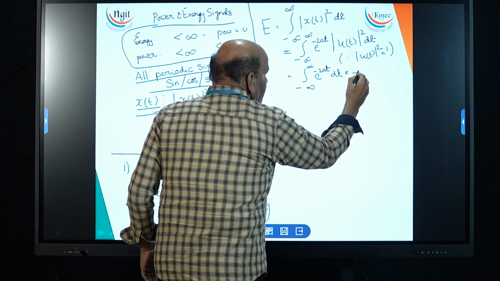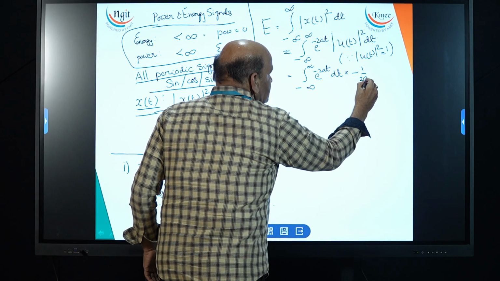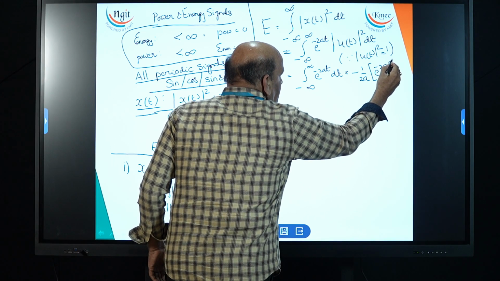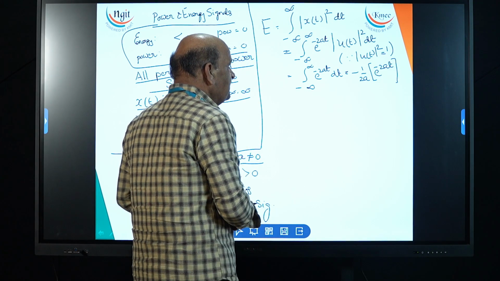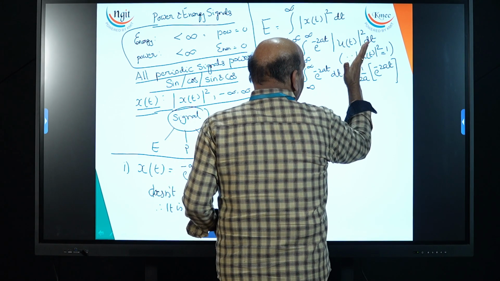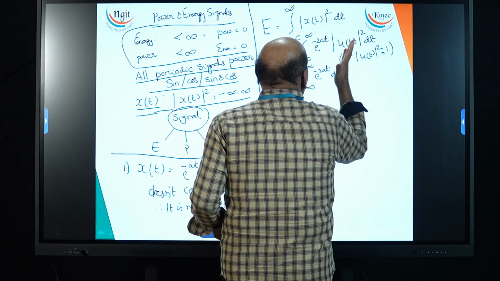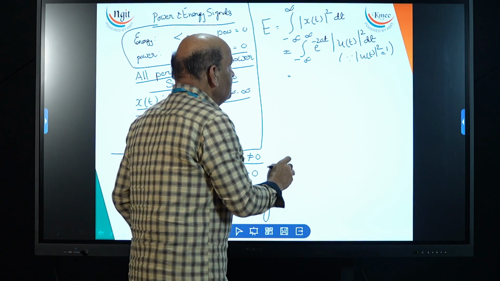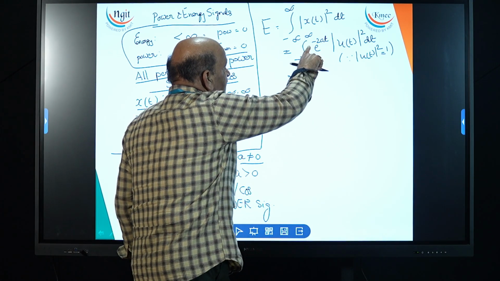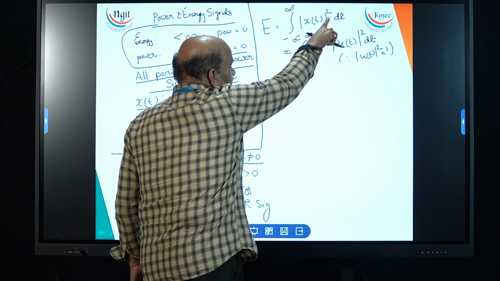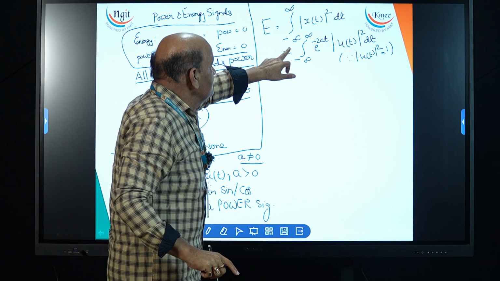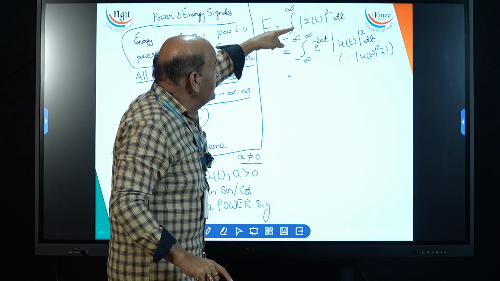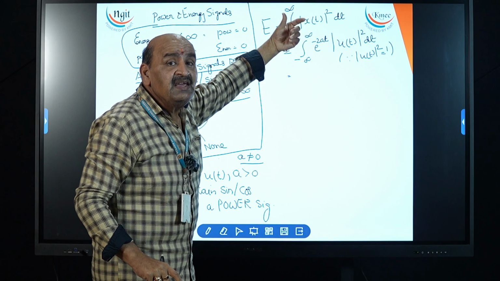Now integrating this, what do you get? Minus 1 by 2a into e power minus 2at. Otherwise, you can do it like this. Once the inner function is squared, then automatically the inner function becomes an even function.